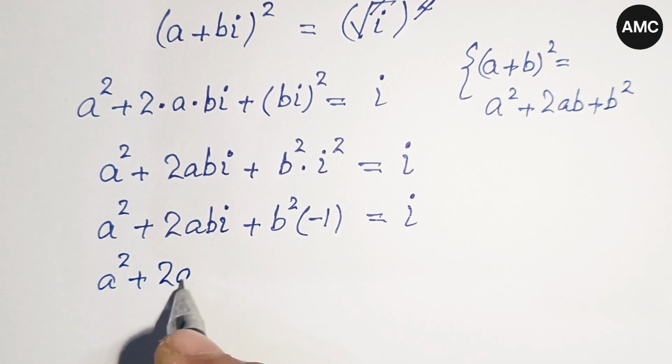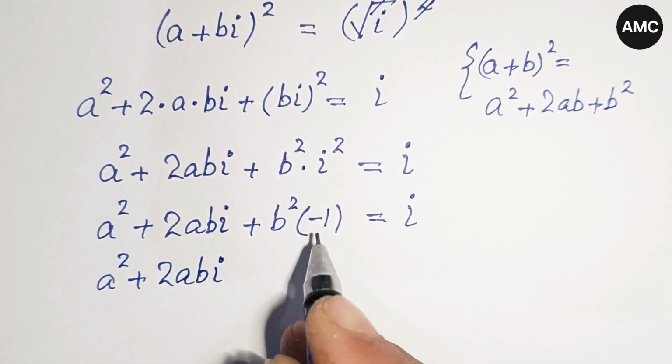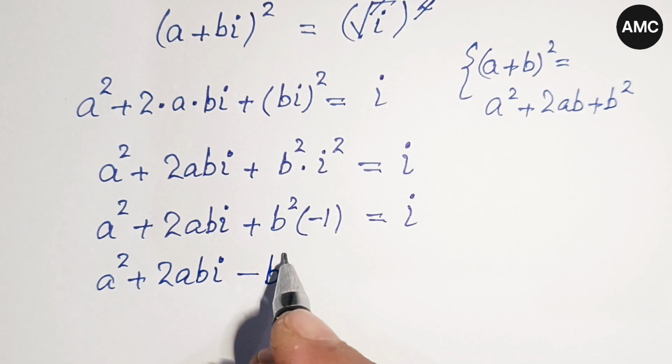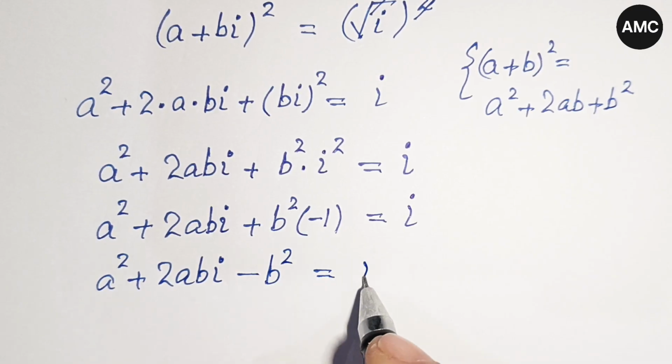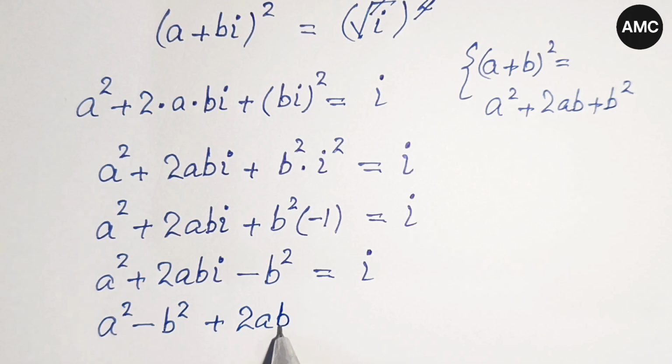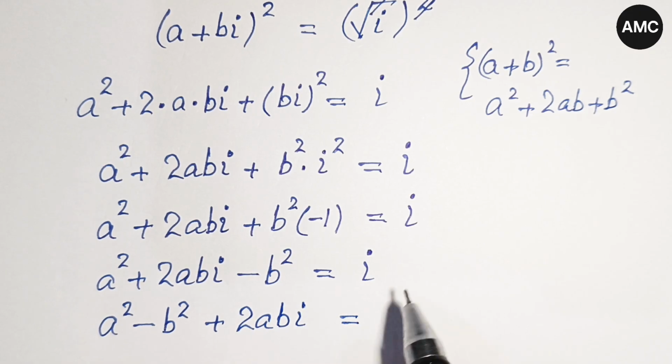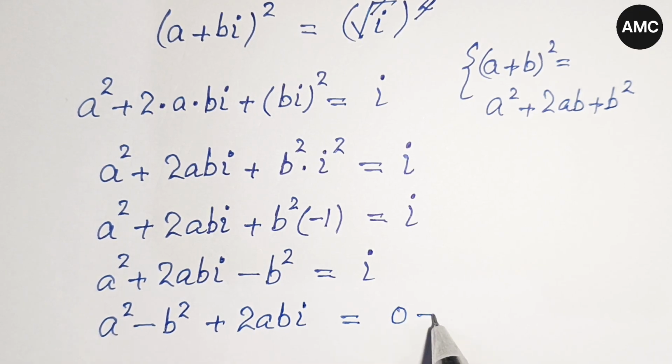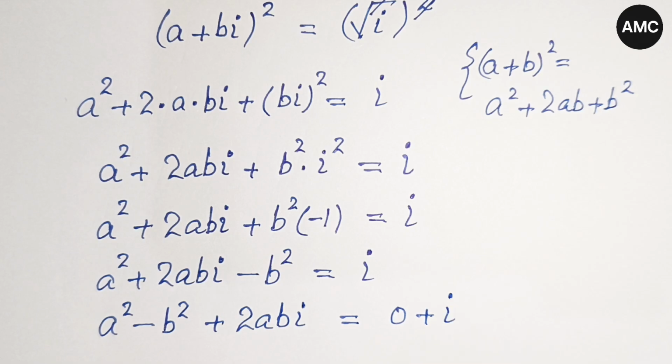Now here we have a squared plus 2 times ab iota plus, minus times, is minus b squared is equal to iota. Now if we write a squared minus b squared plus 2 times a times b iota, then if we just add 0 with iota, we have real and imaginary parts.